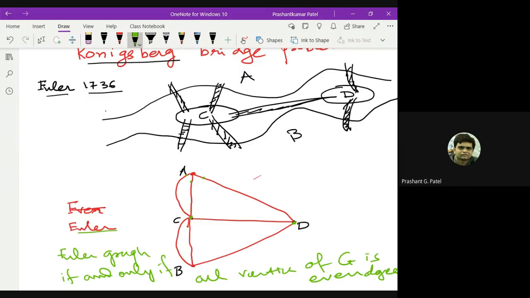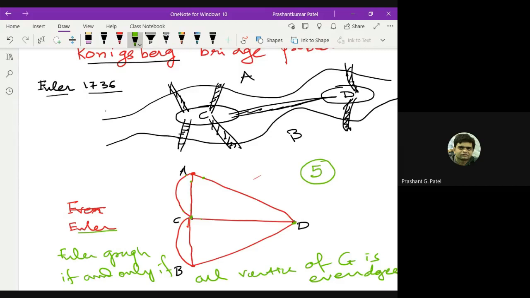Now it is interesting, though this is out of the subject: out of the 7 bridges, 5 bridges are still there in this city. 2 bridges were destroyed in World War II, one of this and one of this, and all other 5 bridges are still there.